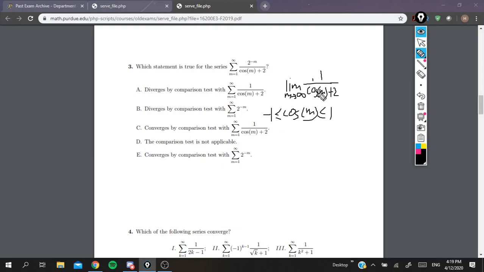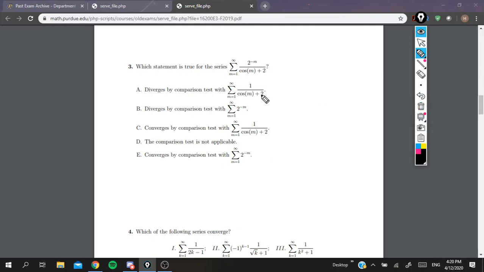So this value is fluctuating between 1 and say 1 1/3. So this does not converge, since it does not pass the divergence test, as when you take m to infinity, this is not 0.